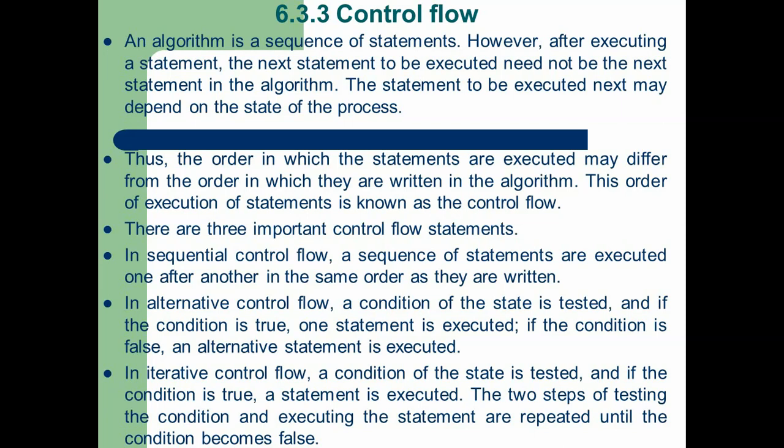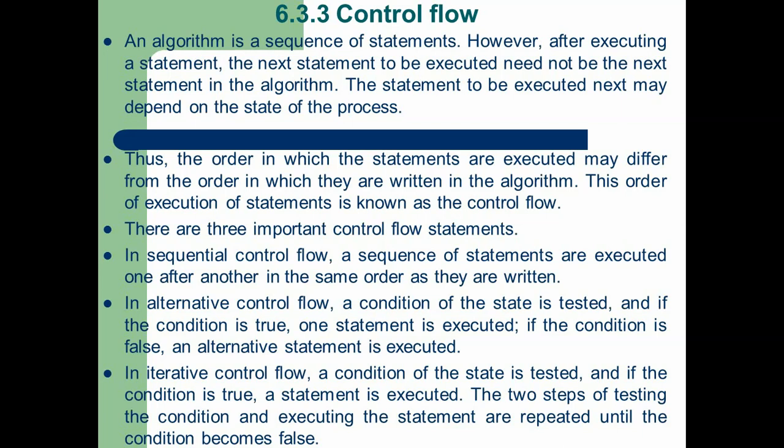So depending upon the requirement, we may skip or we may repeat a group of statements. This is called control flow. An algorithm is a sequence of statements. However, after executing a statement, the next statement to be executed need not be the next statement in the algorithm.